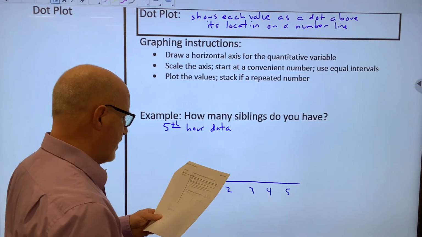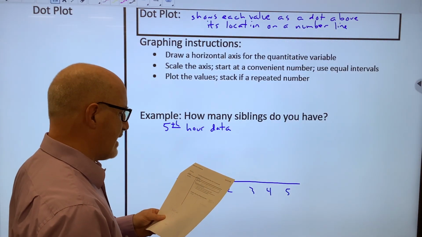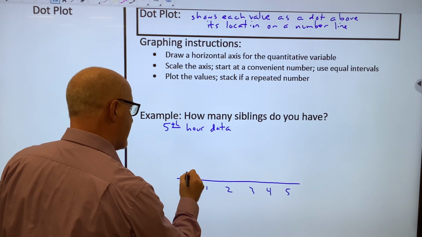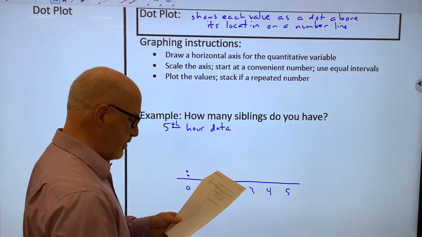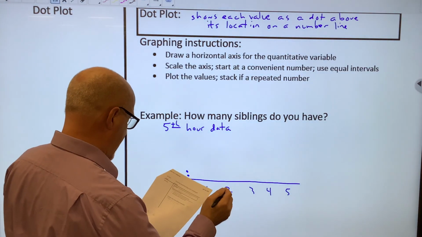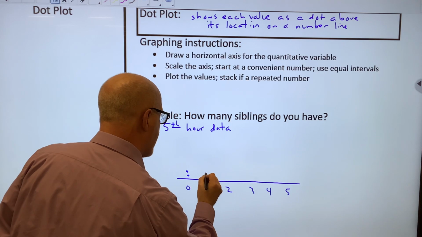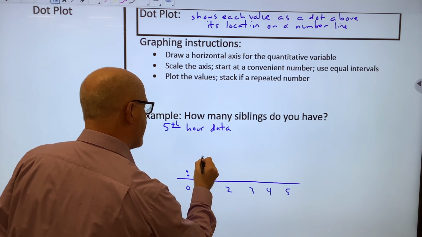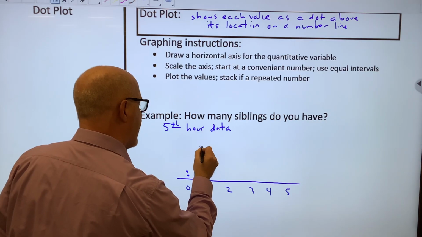The number of students that had 0 was 2 of them, so just 2 dots here. The number of students that had 1 sibling was 8. So it goes up pretty suddenly, 2, 3, 4, 5, 6, 7, and 8.